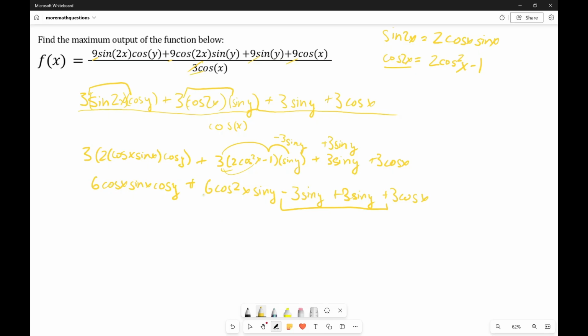Okay, so this thing over here will cancel out for us, which is great, we like that. And I noticed that after that, we can actually factor out this cosine x from all three of these terms, which will be able to be canceled out from the denominator that we had earlier.